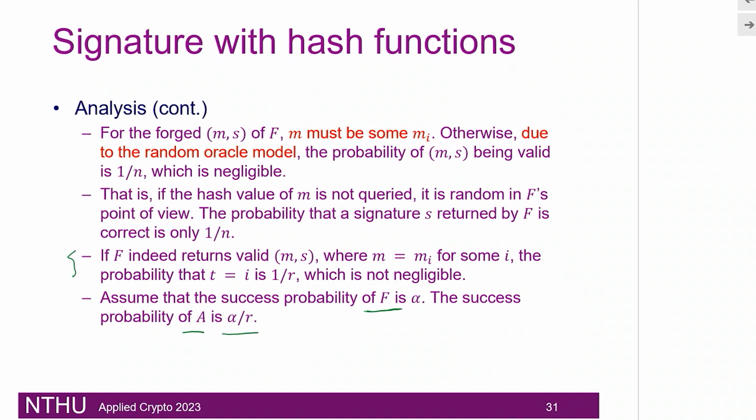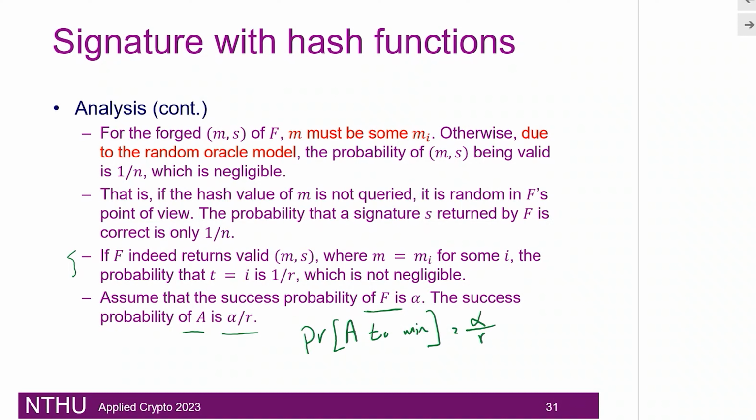Alpha is if F wins, and then 1 over r, because we have to guess that exact row correctly so that we embed our hard problem, and that has the probability of 1 over r. So together, the probability of A to win, or to succeed, is basically alpha over r.